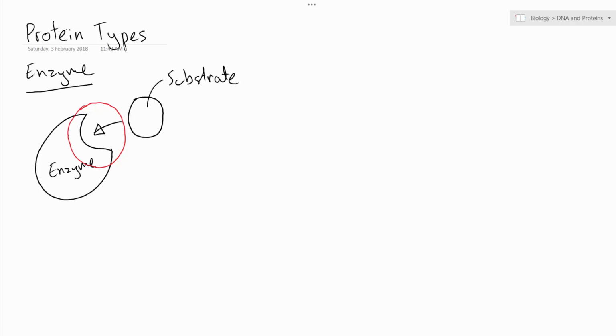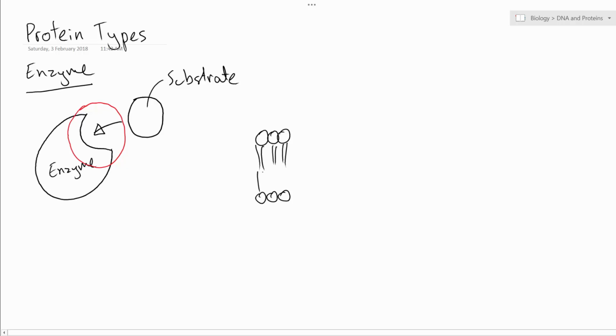The second type of protein we're going to look at is, or the second combination, I guess we could say, is hormones and receptors. So I'll draw a quick little membrane, something like this. And hormone and receptor proteins can both be extremely reliant on structure in order to join together.